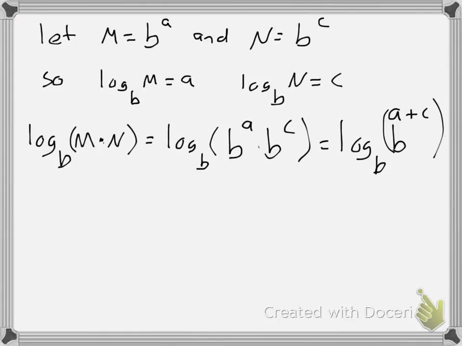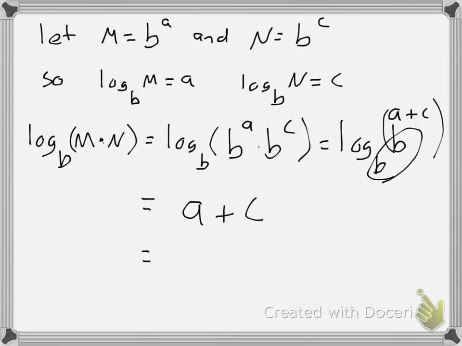Whoa, wait a minute. We've got a base, log base b of b to an exponent. By this, what's going to happen? They cancel and you're left with a plus c. Let's go back and substitute what a equals, what c equals.